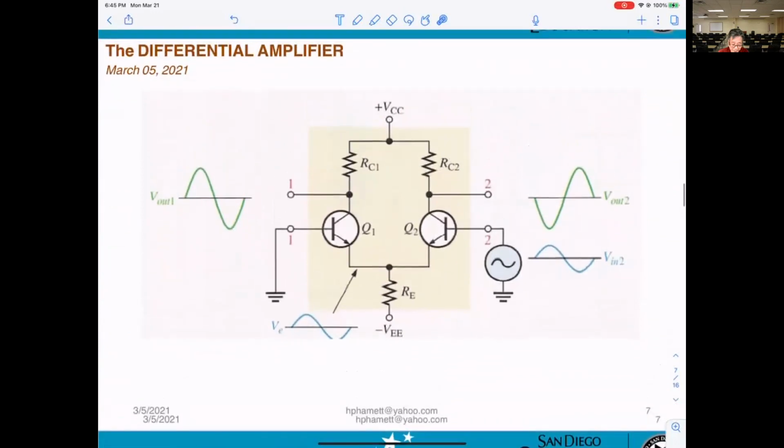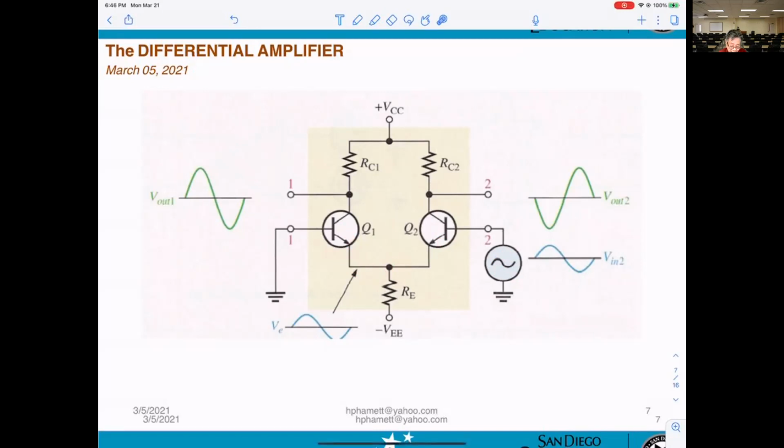Let's see what happened here. Okay, so basically this tries to explain in a little more detail. You get a signal here, then you get a signal here. This signal will be applied to the emitter of Q2. Okay, so now they apply a signal to Q2, and this signal also goes into the emitter of Q1.